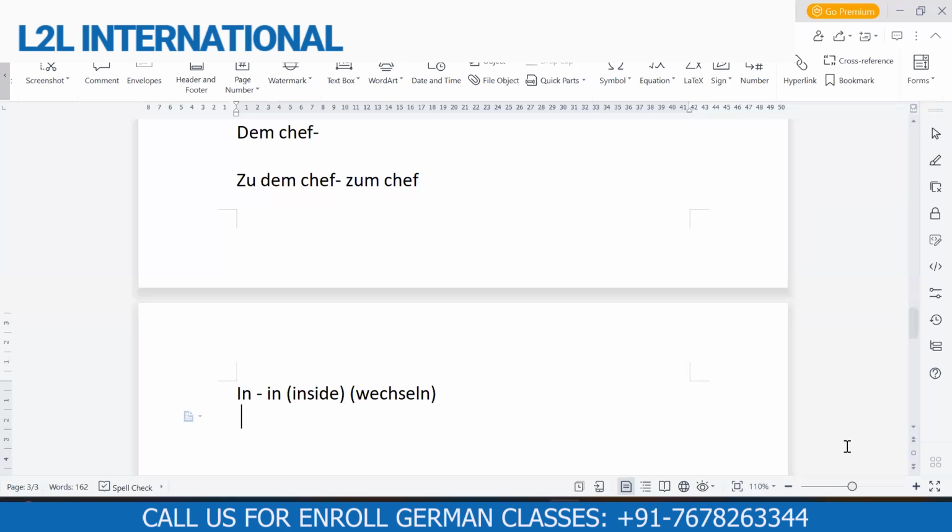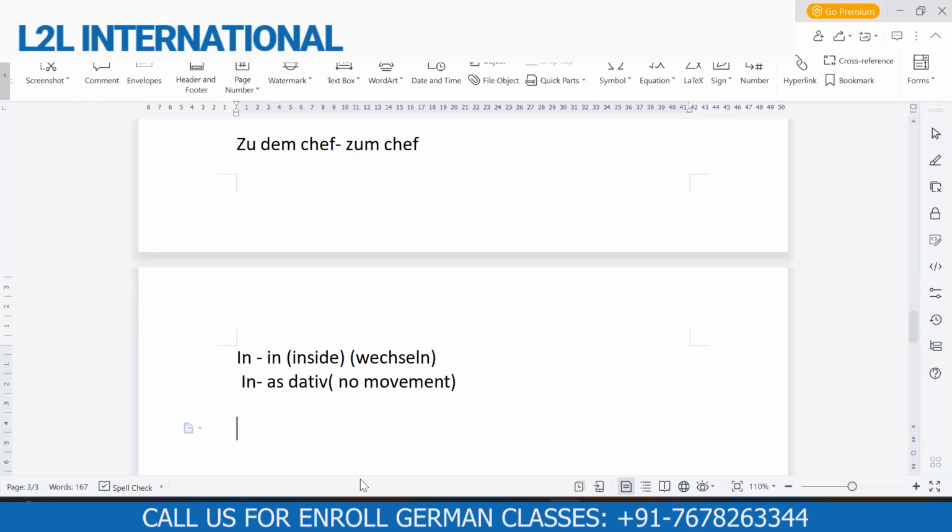Right now, in this chapter, we will talk about "in" as dative, because whatever sentence we do with "in", that will have no movement. A simple difference is that if there is movement, it will be accusative. If there is no movement, it will be dative.